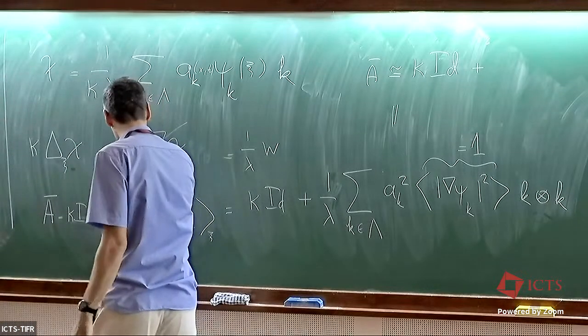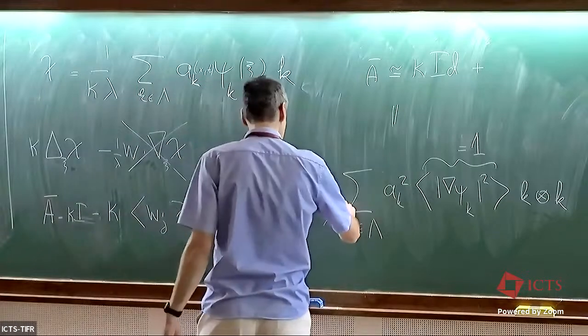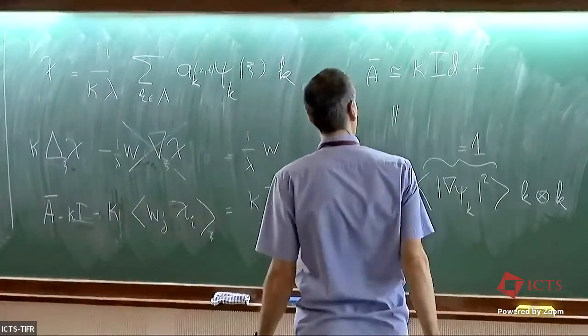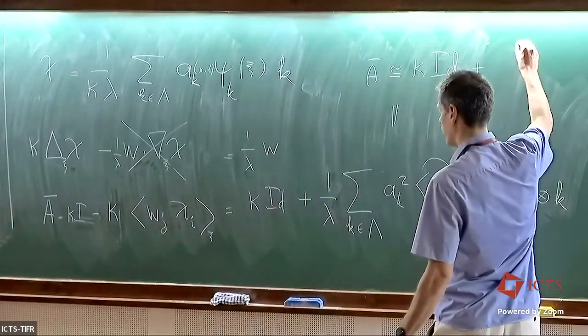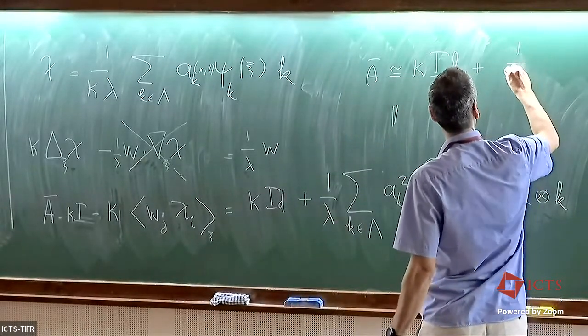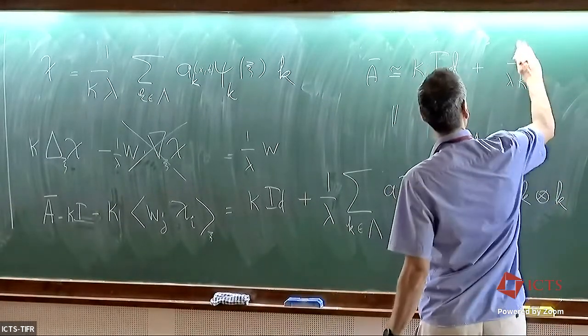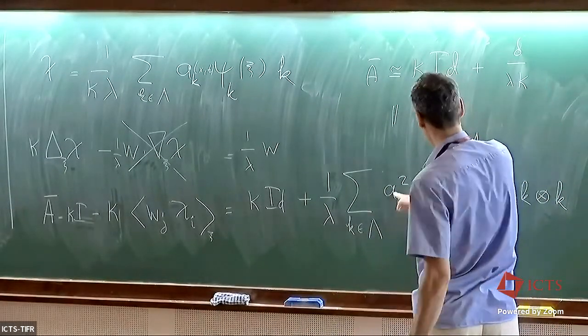Yeah, I'm sorry, I lost this. There should be a 1 over kappa here, which I lost. So the result should be 1 over lambda kappa, and well, there's delta coming from this a squared.